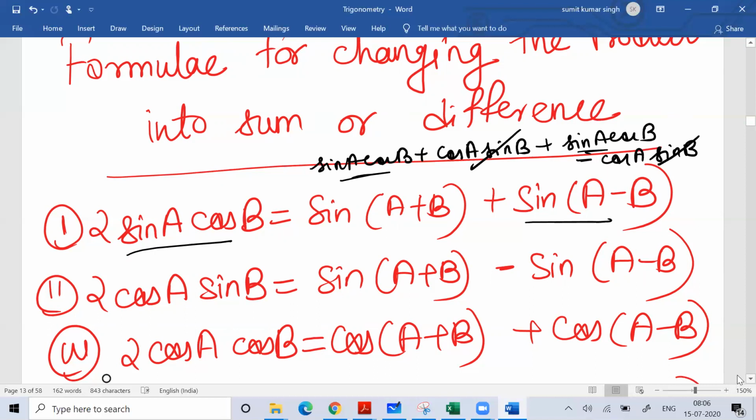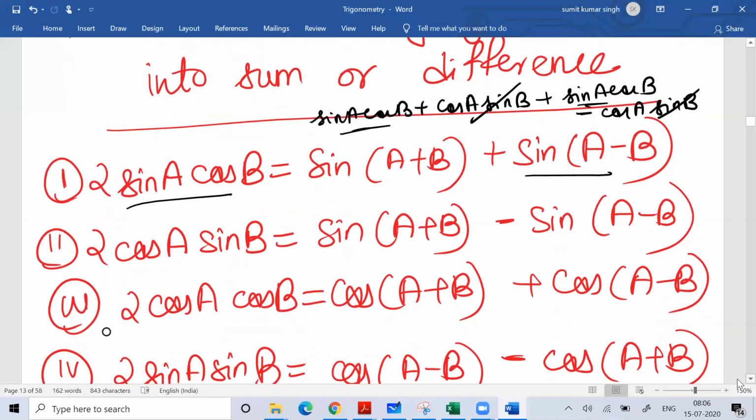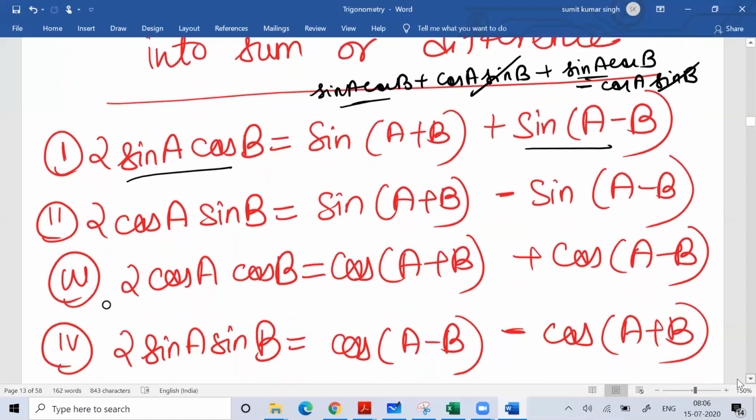Similarly, when we talk about 2 cos A cos B, that is cos (A plus B) plus cos (A minus B). In the same way, you can derive this.